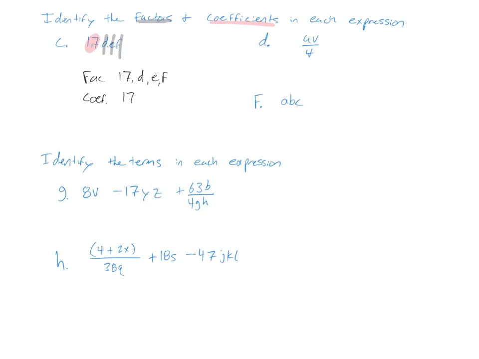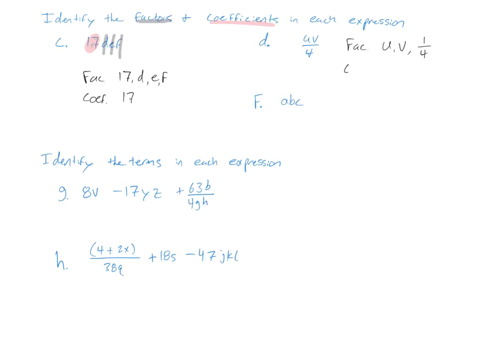The factors would be U, V, and we just see a 4, but we notice that it's on the denominator. So if we're going to write a 4 in the denominator, that'd be like a 1/4. A little bit tricky, but I think you can get that.